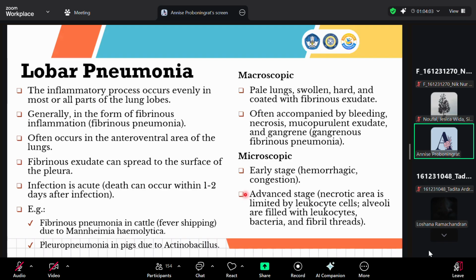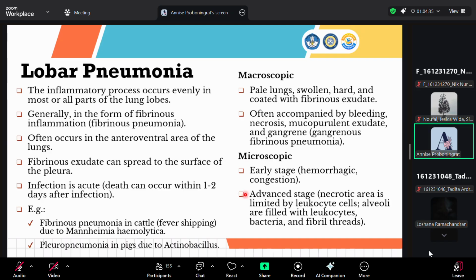In lobar pneumonia, the inflammatory process occurs evenly in most or all parts of the lung lobes, and generally in the form of fibrinous inflammation or fibrinous pneumonia. It occurs in the anteroventral or cranioventral area of the lungs, and the fibrinous exudate can spread to the surface of the pleura, and the infection is acute.